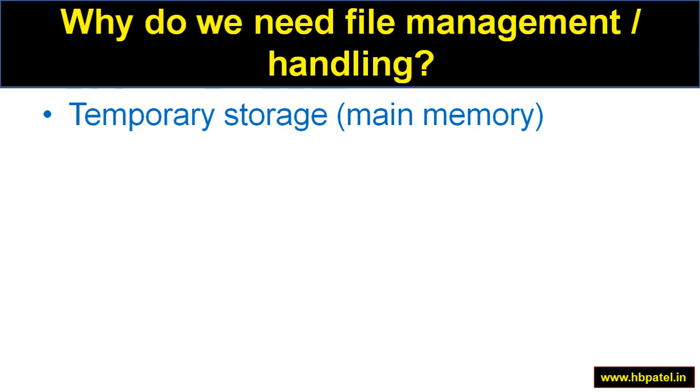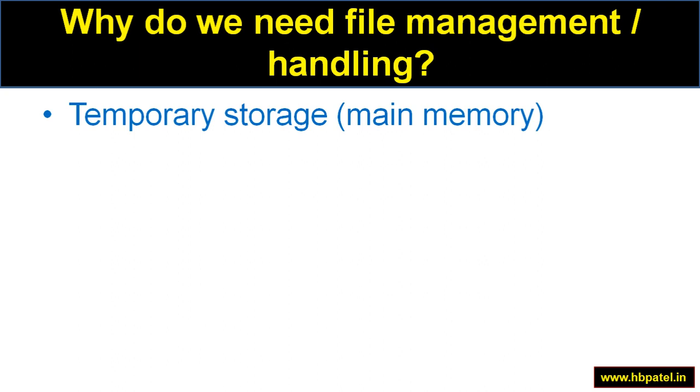When we run a program and we have some variables, which are nothing but data, those variables are stored in main memory because the data in the variable are there only during the execution of the program. The moment the program terminates, the variables lose that data. Even when you shut down the computer, the data in main memory are gone. You cannot store them permanently. For example, if the electricity goes off, then also you lose the data.